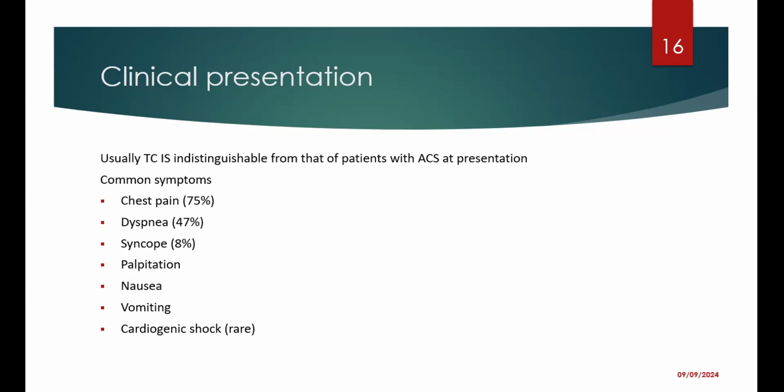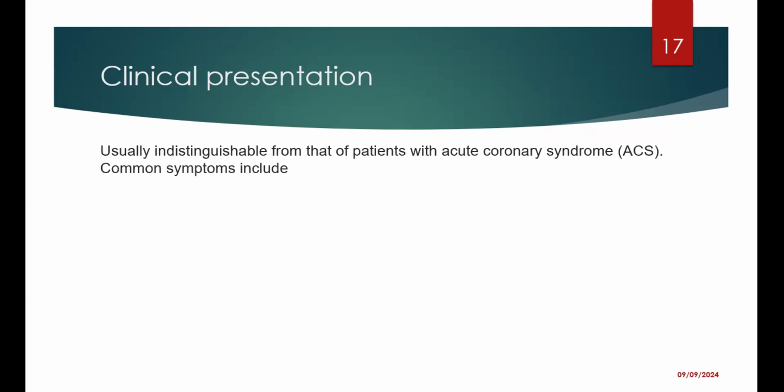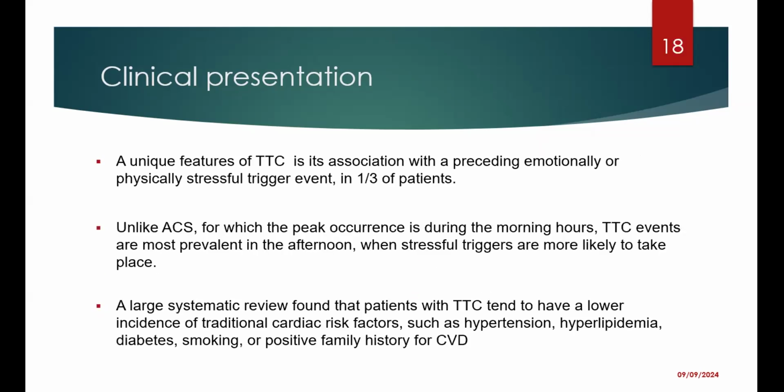They also present with dyspnea, syncope, palpitation, nausea, vomiting, and rarely cardiogenic shock. So basically, the presentation is very similar to, and usually indistinguishable from, that of patients with acute coronary syndrome.